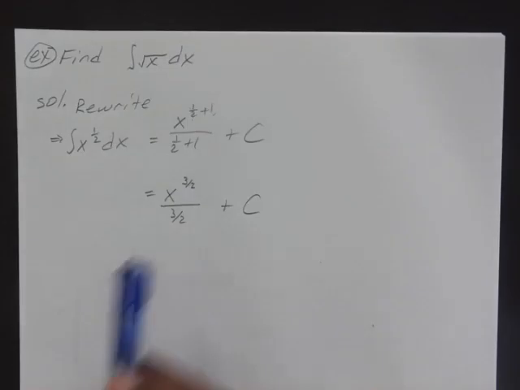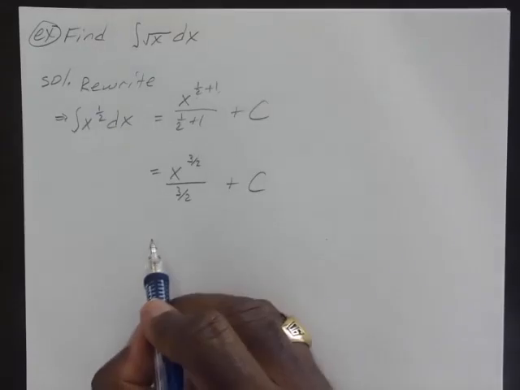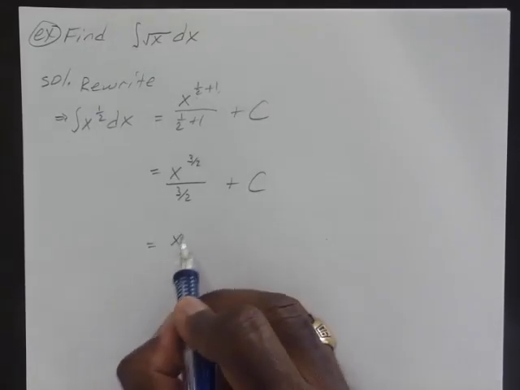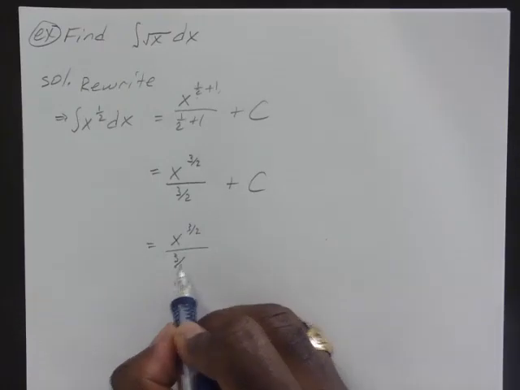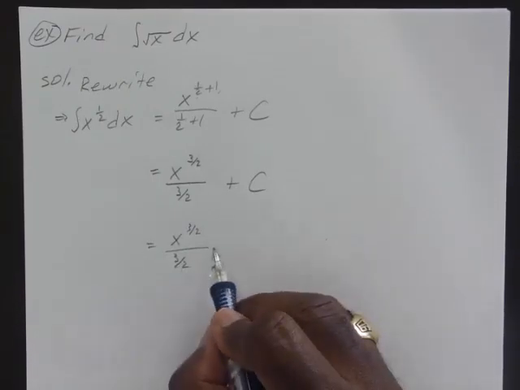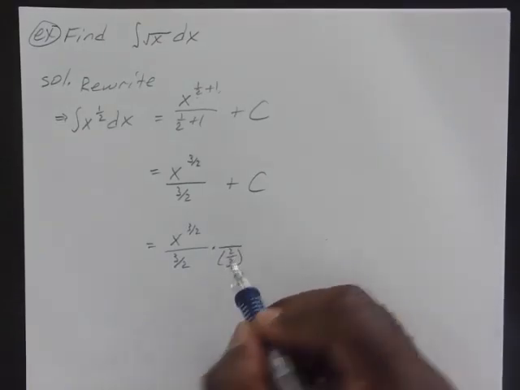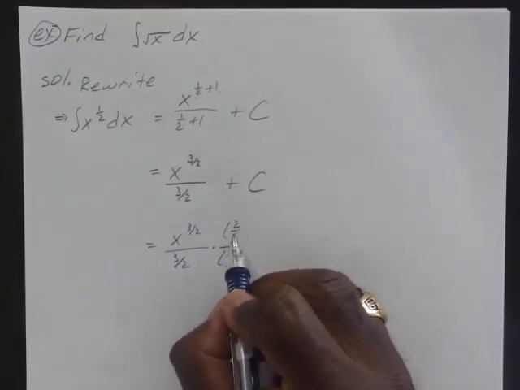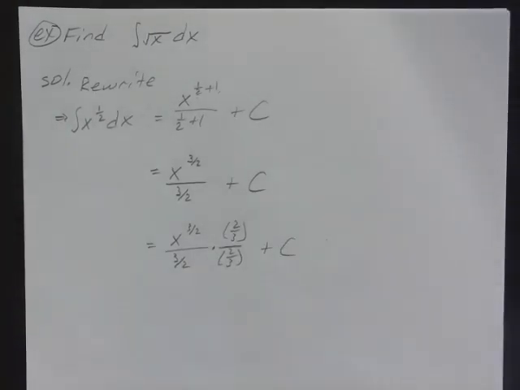Okay. We don't want that fraction just sitting in the denominator like that. So what we are going to do is multiply it by the reciprocal of that denominator. So we're going to multiply it by 2/3 divided by 2/3, plus c.